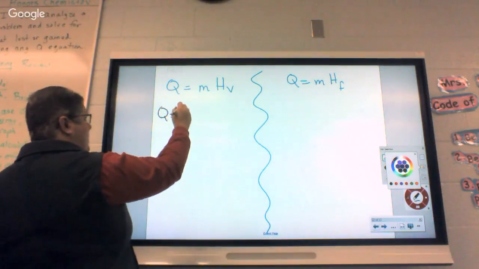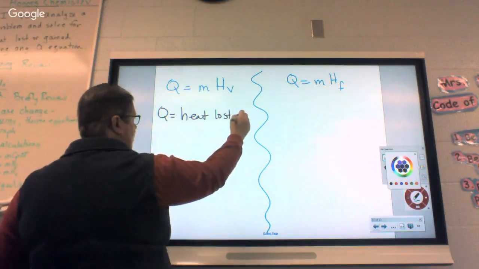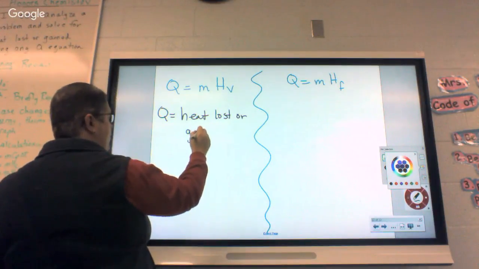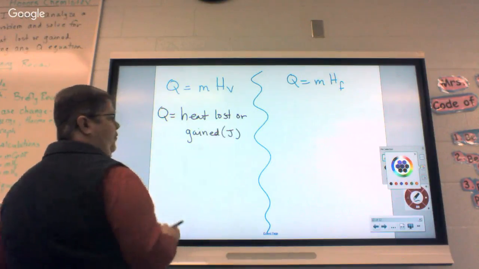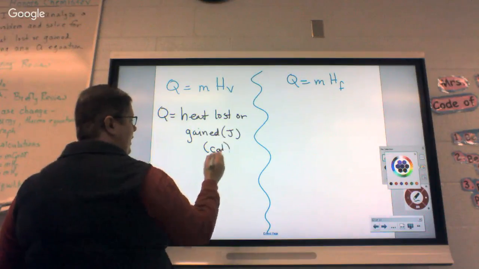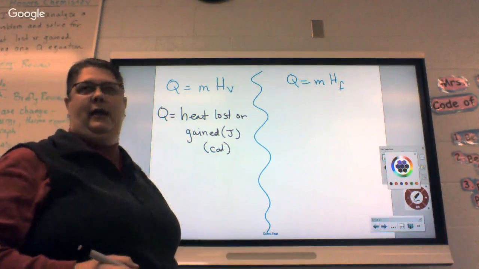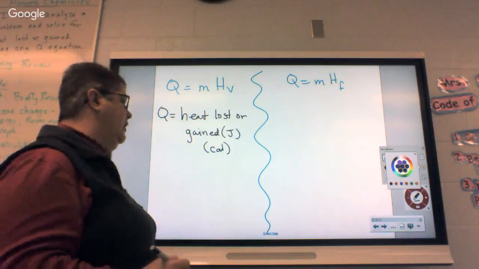Now, Q, we've already talked about this semester, is heat, loss, or gain. And it's calculated in what unit? Joule. Now, if we were in the US, it could be calculated in calories. We're not going to calculate in calories. On our practice sheet, I do have one in calories, just so you see it.